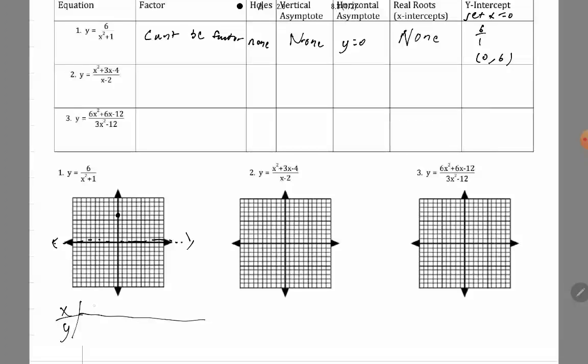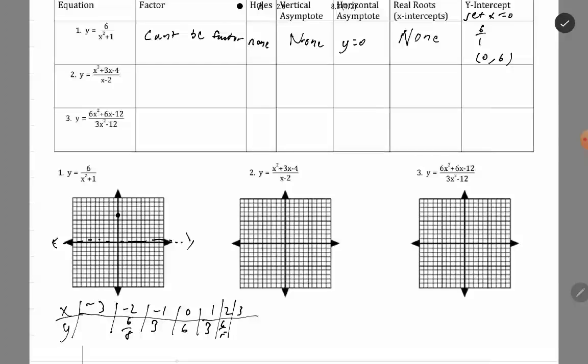(0, 6). Let's just do the basics: -3, -2, -1, 0 we know is 6, 1, 2, 3. So 1 is 3. -1 is also 3. -2 is 6/5. +2 is 6/5.